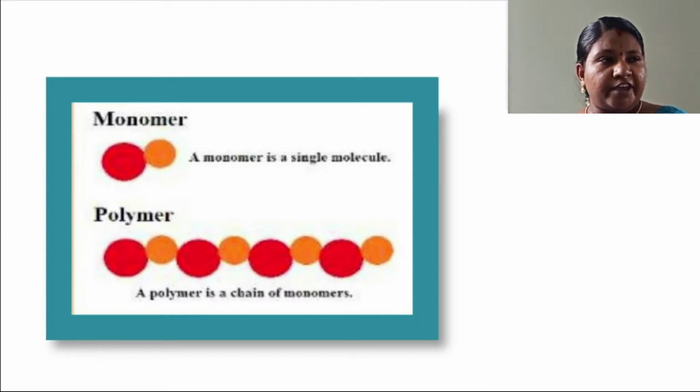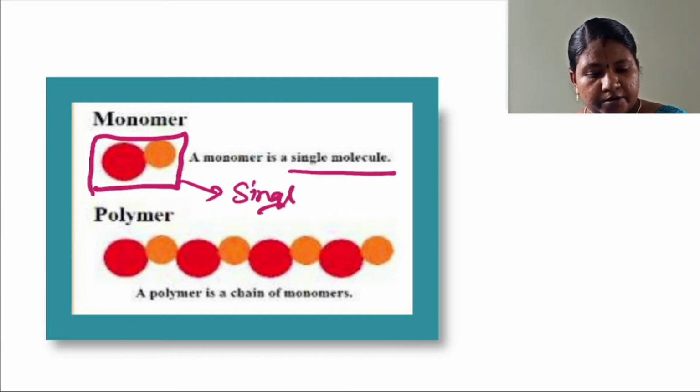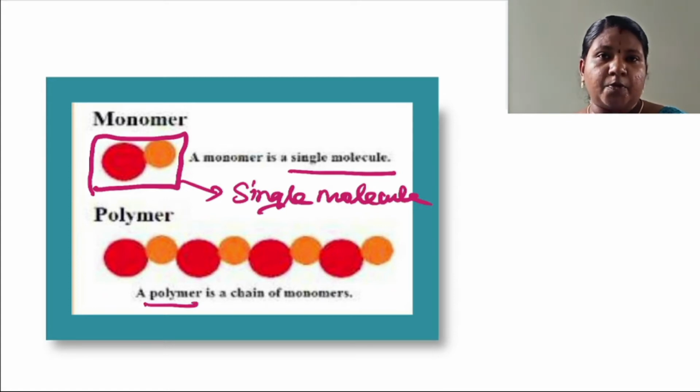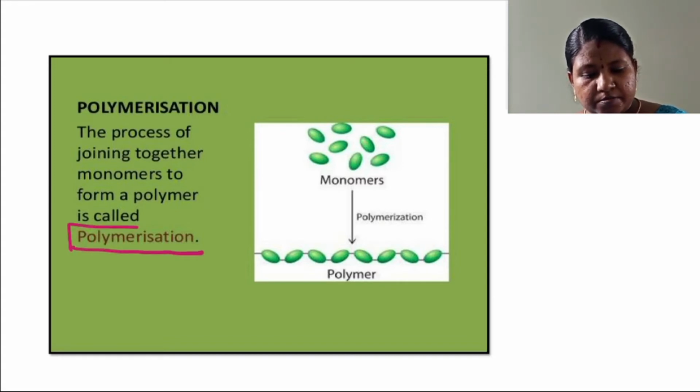When it comes to fiber, we can say that a single molecule is called a monomer. When it forms a chain, it is called a polymer. Now, the process of making polymers from monomers is known as polymerization.